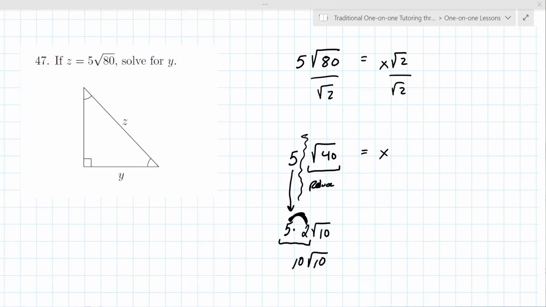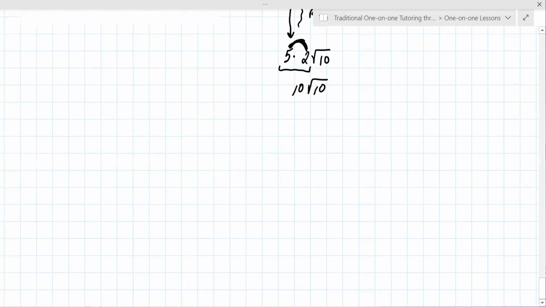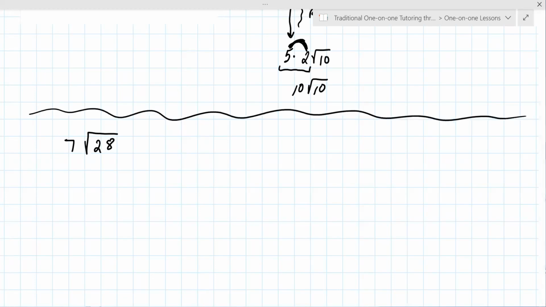Is that okay? Yeah. Okay, so just to see if that's kind of dialed in, what is 7 square root 28? Could you just reduce that for me, please? Fourteen root 7.